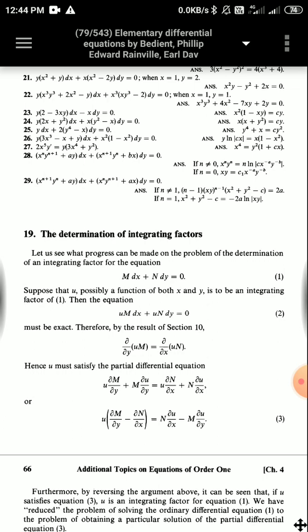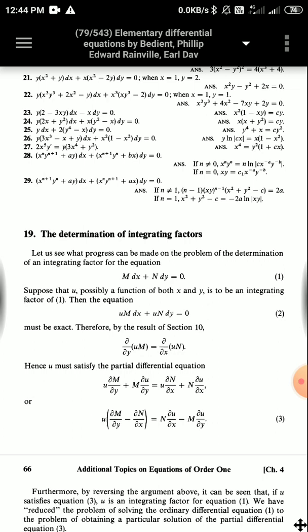Suppose that u, possibly a function of both x and y, is an integrating factor of it. Then the equation uM dx plus uN dy equal to 0 must be an exact differential equation.